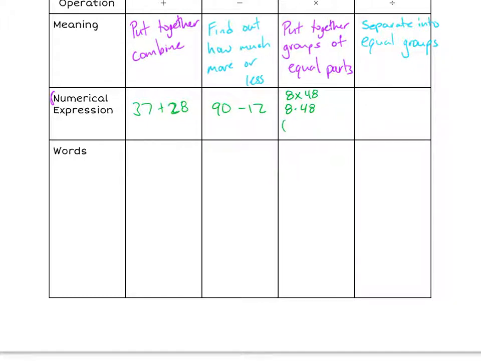In numerical, we could put parentheses around one of the numbers, or we could put it around the other number, because a number next to parentheses means multiply. One other way numerically, if you put parentheses around both numbers, it also means multiply. So multiplication has lots of different ways to write it numerically.